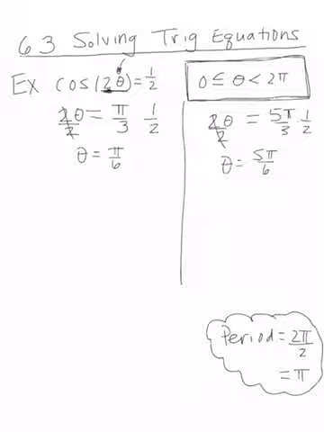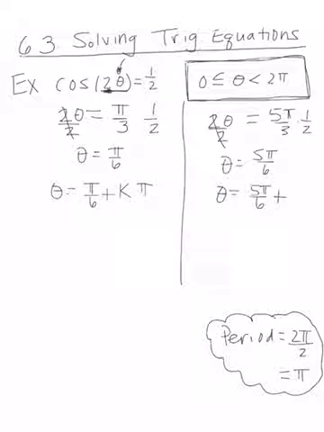So the general formula would be theta equals pi over 6 plus multiples of the period, k is just some integer. Oops, that's plus, okay? And here the general formula would be 5 pi over 6 plus multiples of the period.